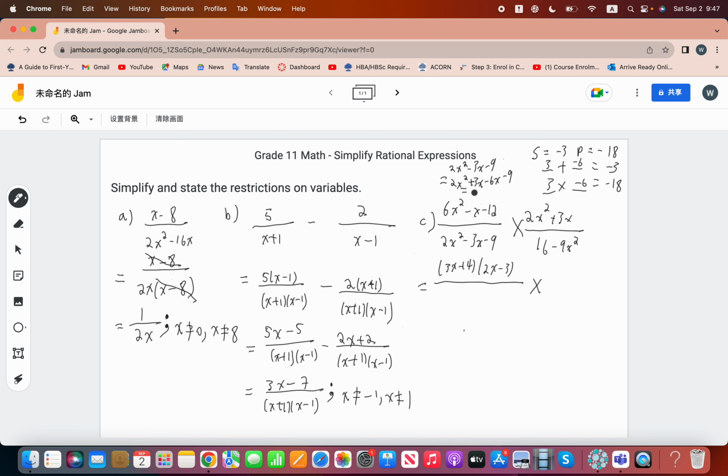So it's going to be x times 2x plus 3 minus 3 times 2x plus 3. So it's going to be 2x plus 3 times x minus 3.